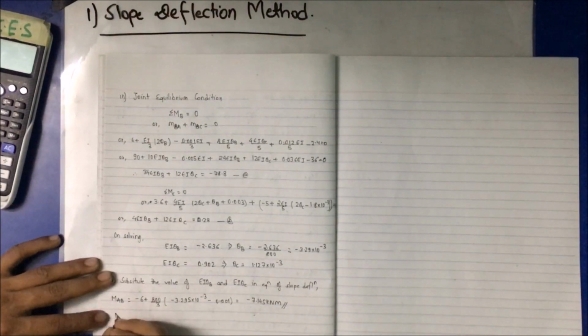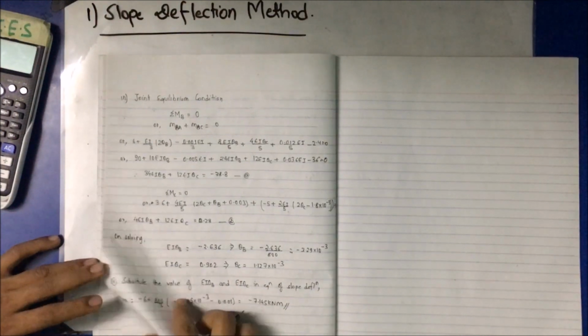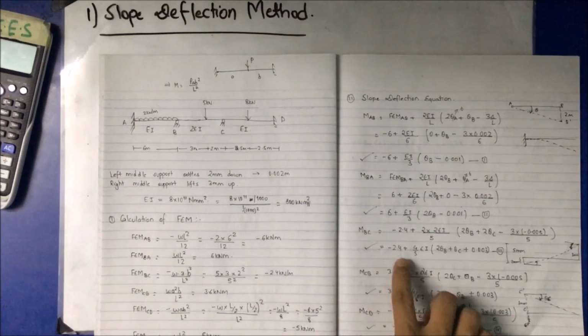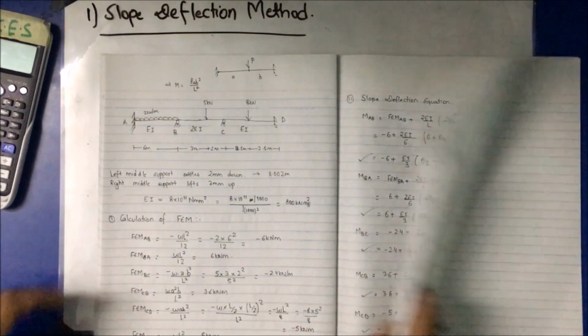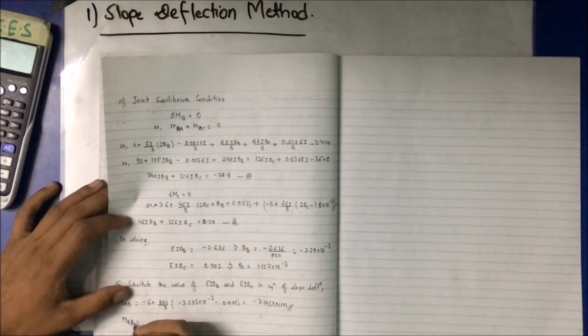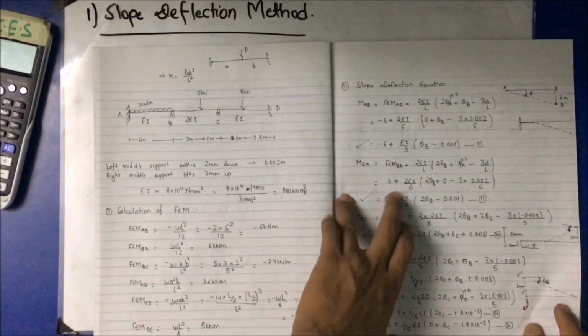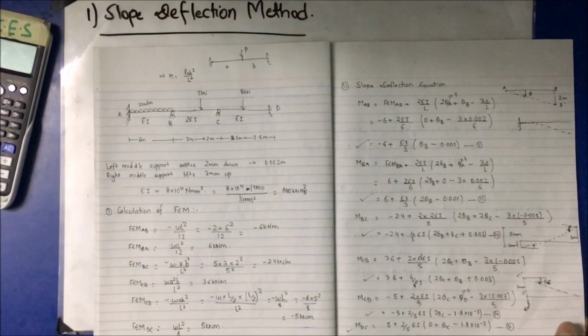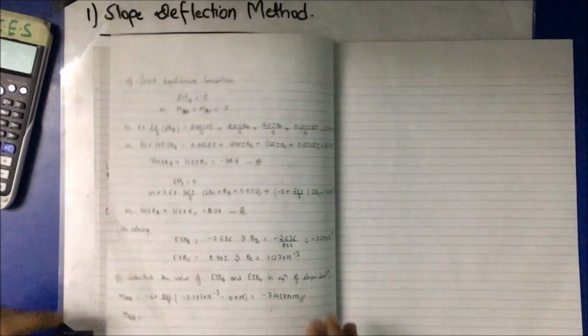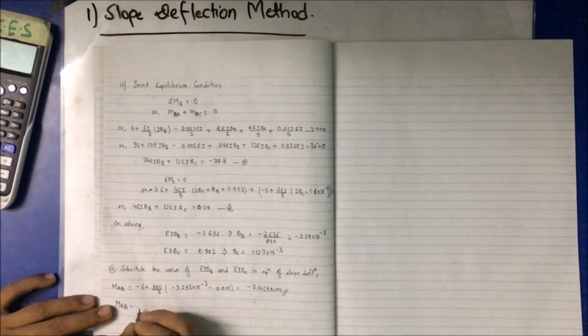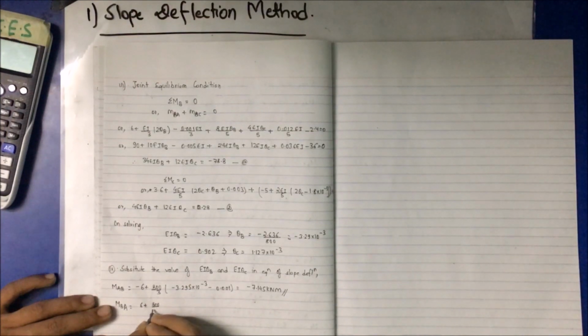Similarly for MBC, we can calculate it as MBC minus MBA; we have to calculate MBA first. So 6 plus 2EI is 800, theta b we have calculated, and substituting the value, 6 plus 800 by 3.